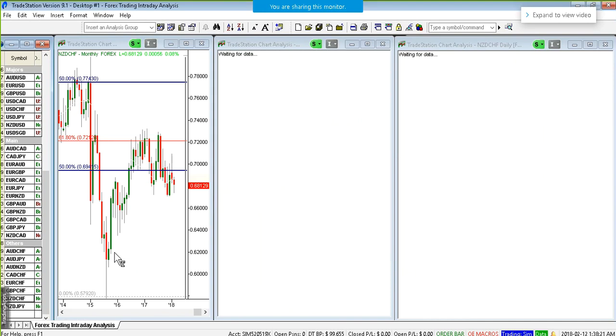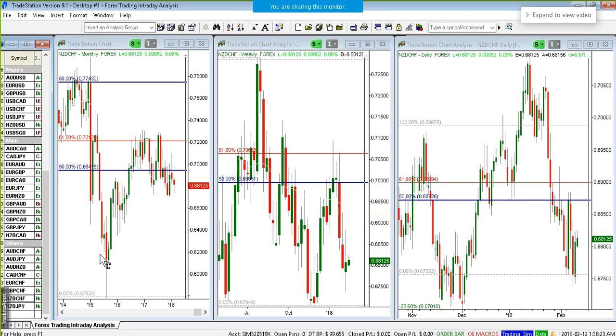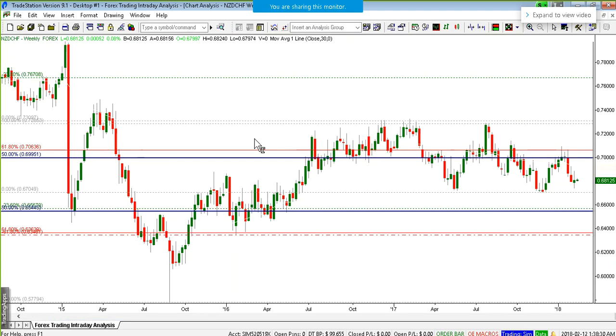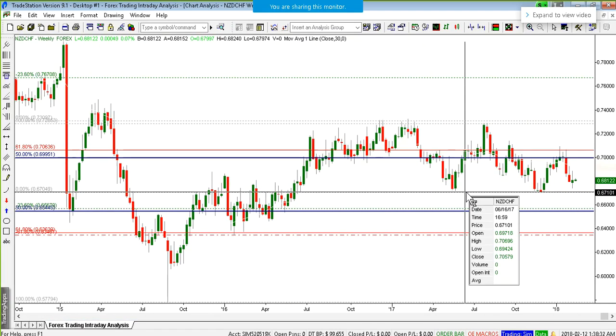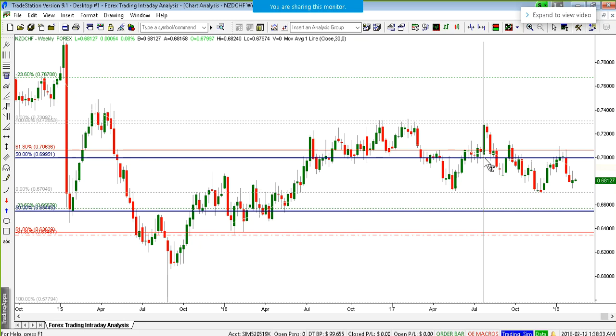New Zealand dollar, Swiss franc has also traded lower here. What we are seeing in this market is a market drifting laterally, not capable of respecting shorts here.